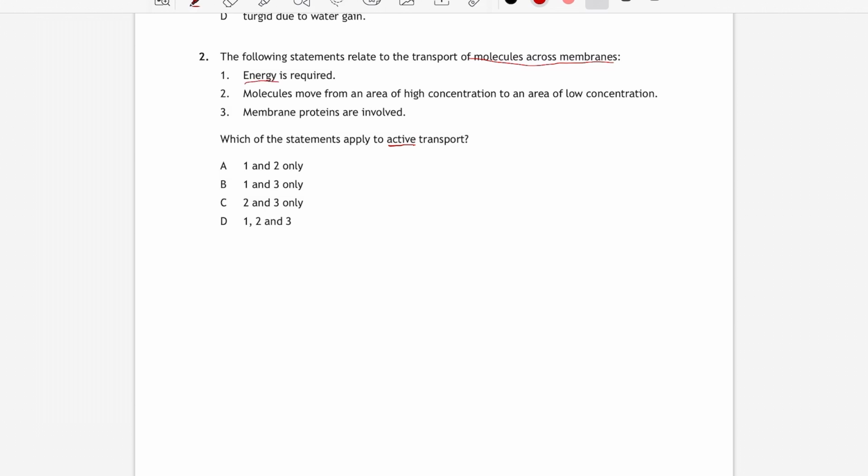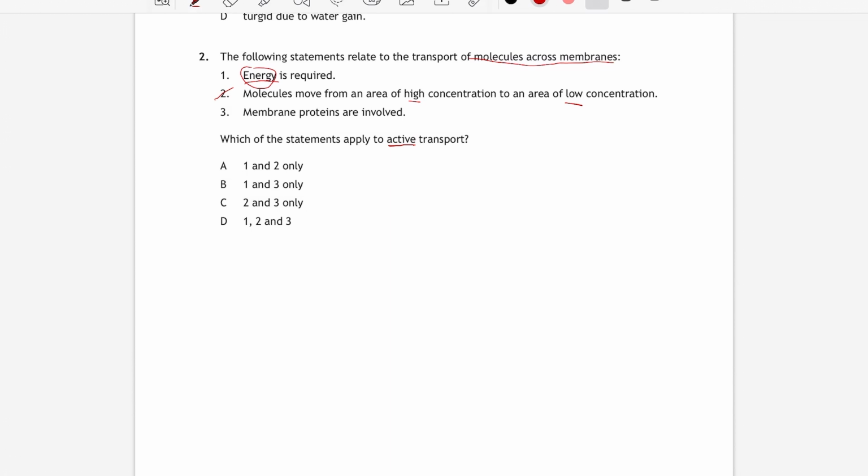Now, statement 2, molecules move from an area of high to low, would actually be passive movement. That's like osmosis, where it moves by itself. It's using the potential it has from that area of high concentration to move to that area of low concentration. It does not require energy. So number 2 is not going to be involved here.